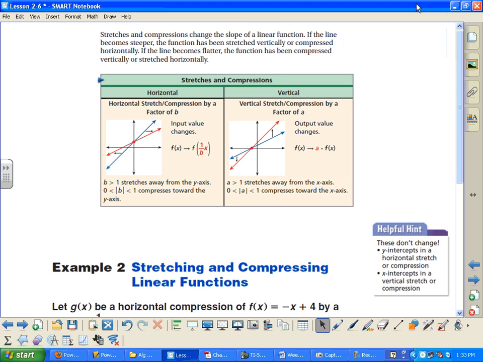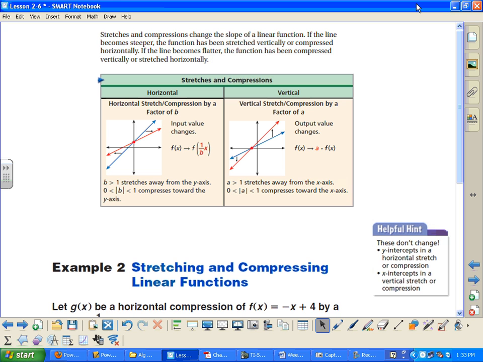Stretches and compressions. So if I stretch or compress horizontally or vertically, I'm going to change the slope. If I stretch horizontally or compress horizontally, the y-intercept stays the same. Okay? The slope changes, y-intercept stays the same.